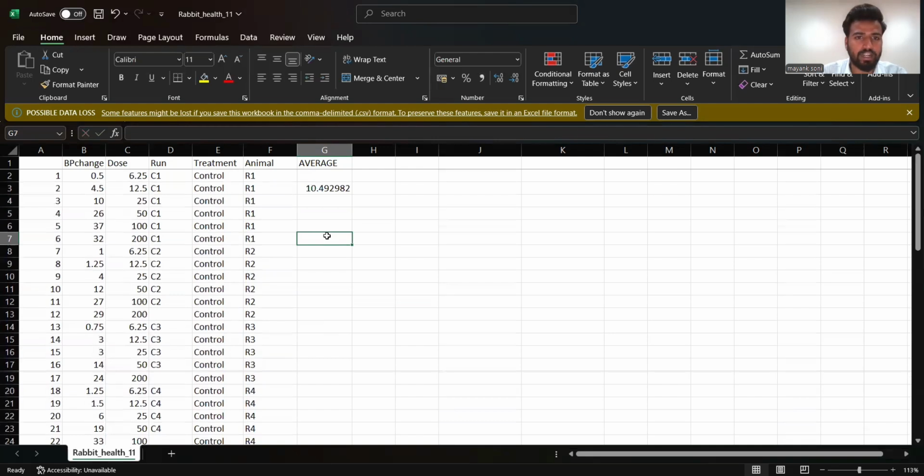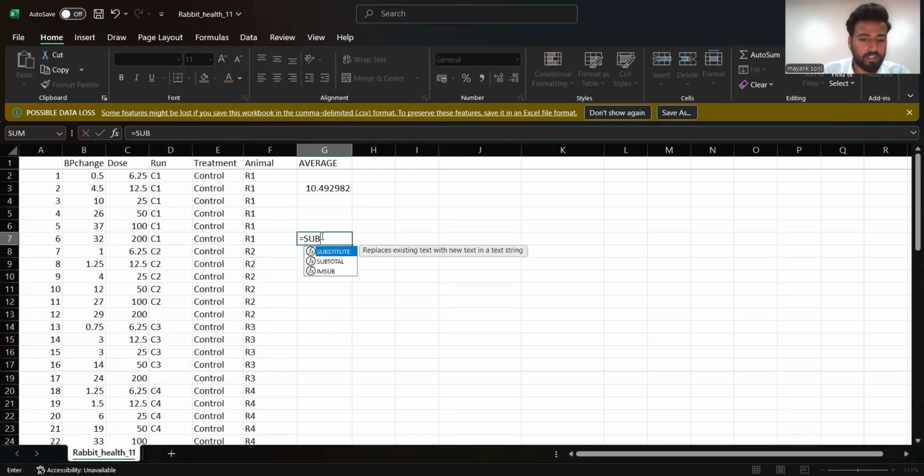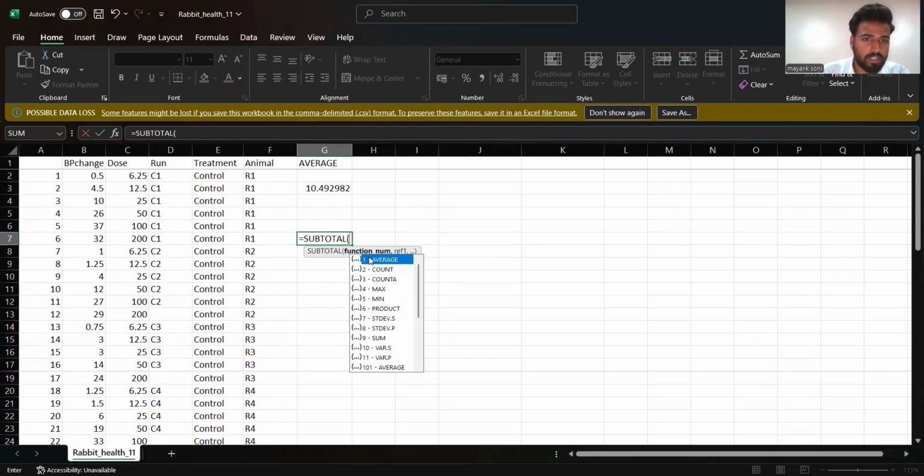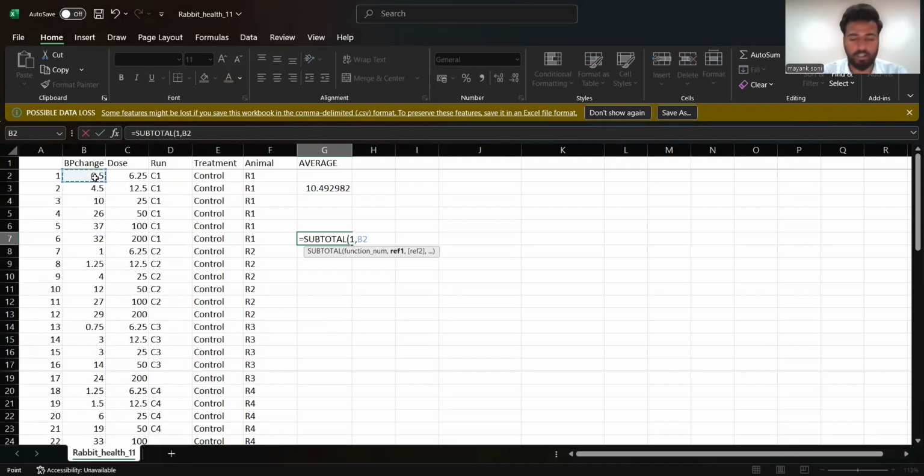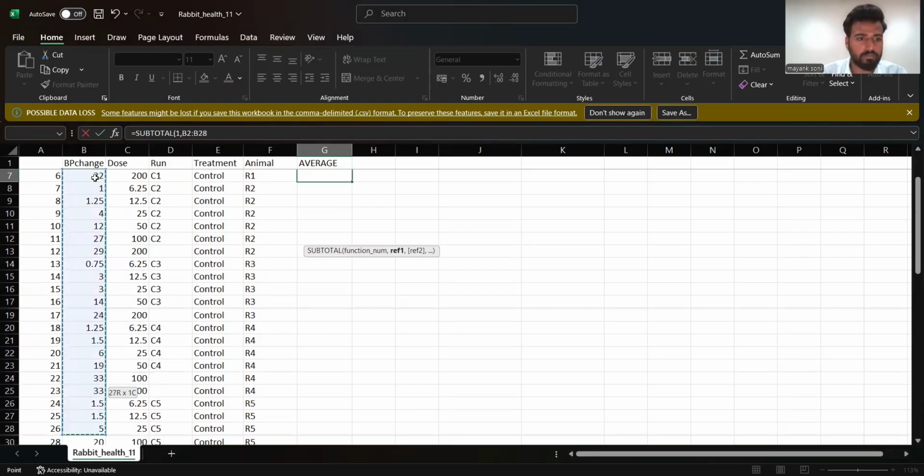Now there is a second way, using SUBTOTAL. Type SUBTOTAL, open the bracket. You can see the first option is average, so type 1 for average, comma, and again select the BP change column.